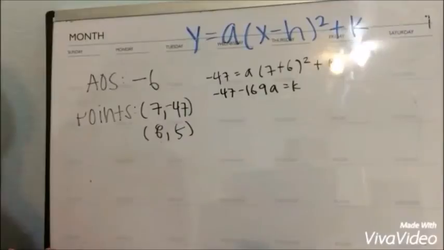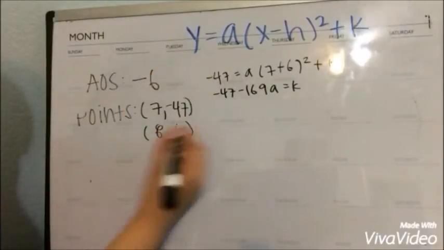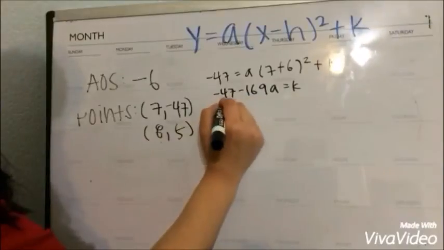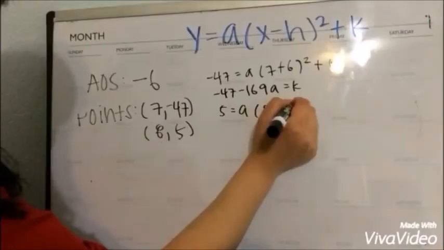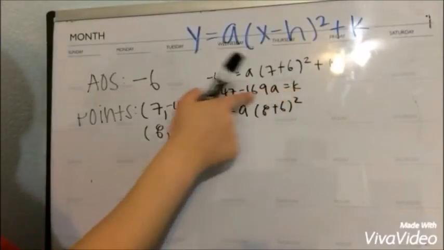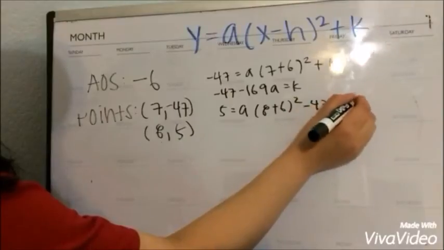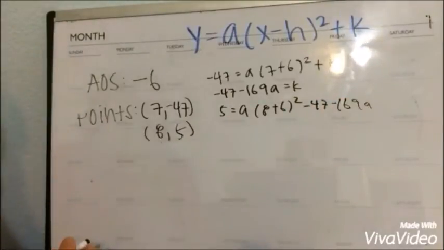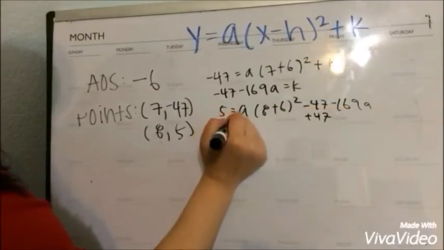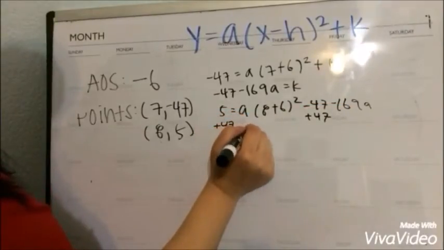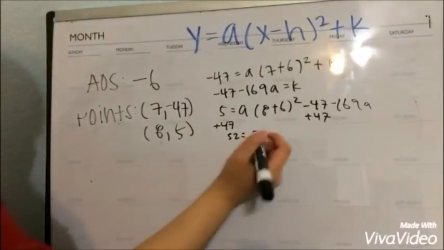And now since we found k, we're going to try to find a with the other point. So it would be 5 equals a times (8 plus 6) squared, and our k is -47 minus 169a. So we would add the constant to this side and get 52 equals 8 plus 6 is 14. 14 squared is 196.